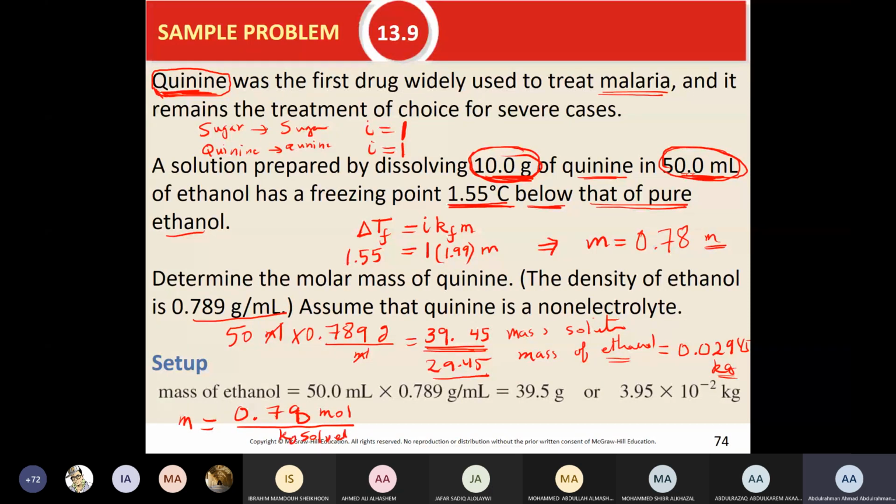So how many moles do we have here? The moles are equal to 0.78 times 0.02945, and this will give you the number of moles. Give me the answer.